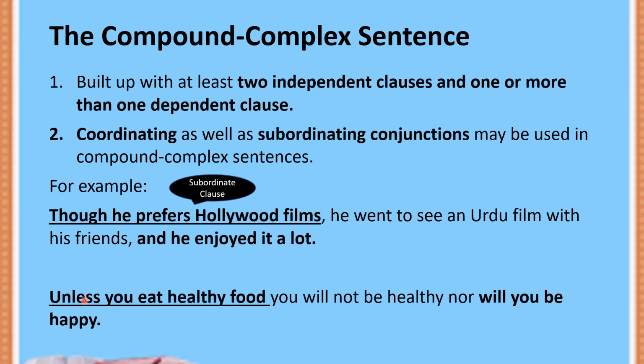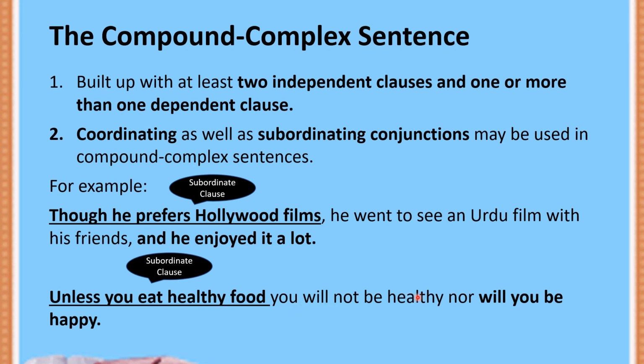See the second sentence. Unless you eat healthy food, you will not be healthy nor will you be happy. In this sentence, the first clause is the subordinate clause and it has been bolded and underlined, while the second and the third clauses are independent clauses.